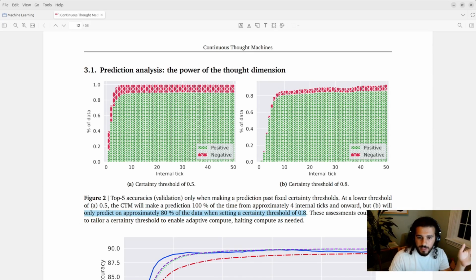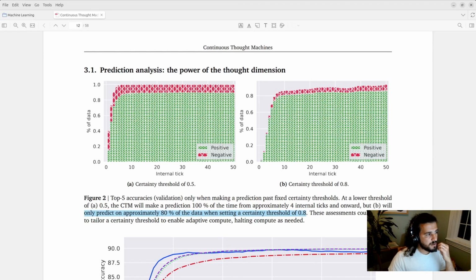In this plot here, you have various things. You have the percentage of data that has a positive or negative outcome, and then the number of internal ticks. And it's a bit weird because with one tick, you have 60% of data that has none of them, because the model didn't decide to do something. It didn't go through the threshold to make a decision, right?